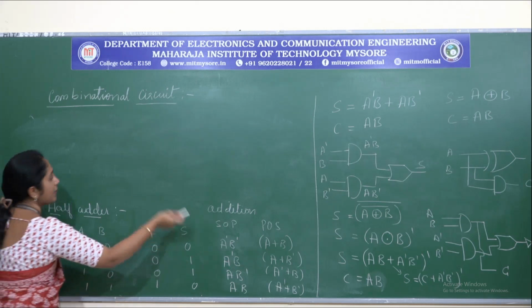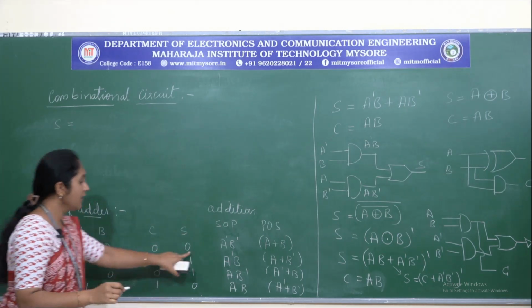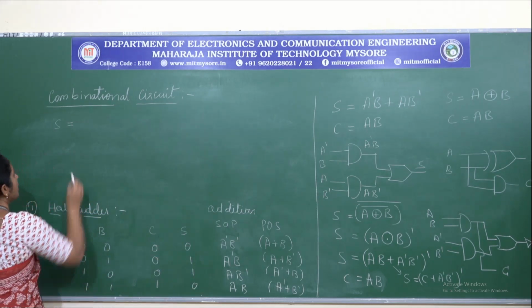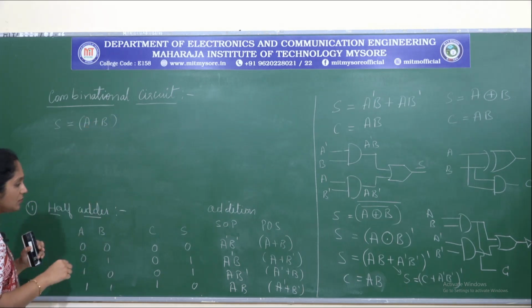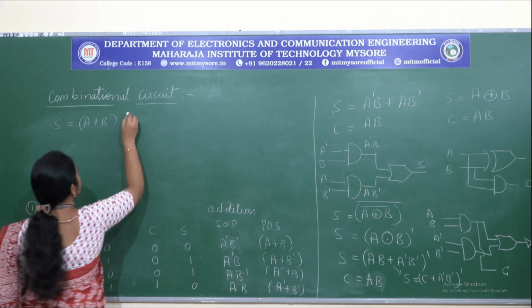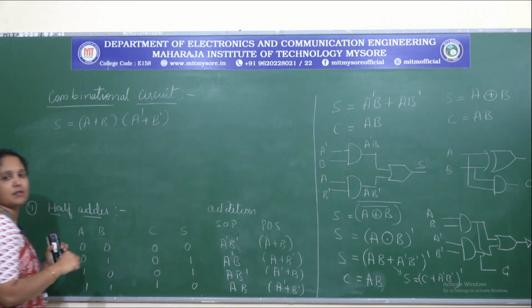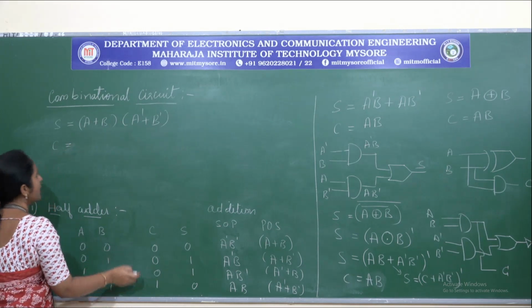Yes, for sum using POS, here we have logic 0, here we have logic 0. So what is the expression we have? We have A plus B and A dash plus B dash. For carry, we have logic 0 in 3 places.